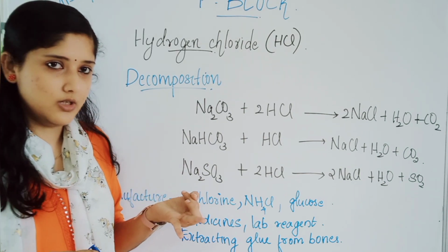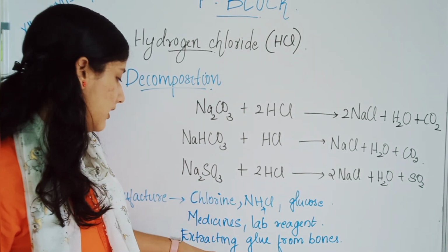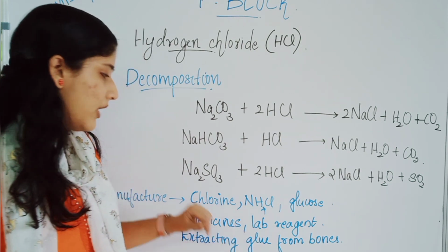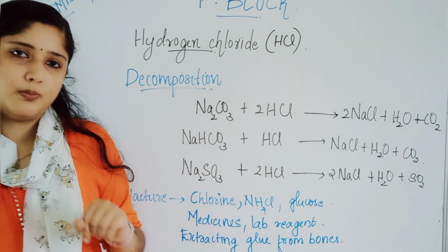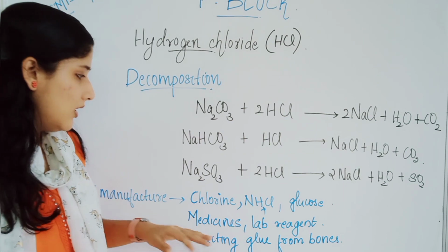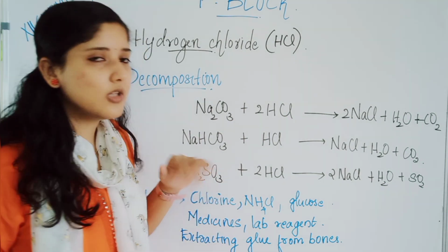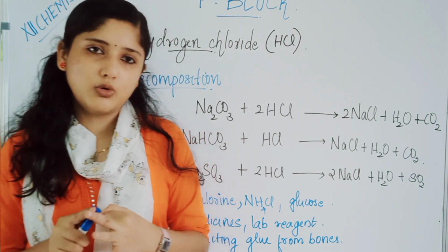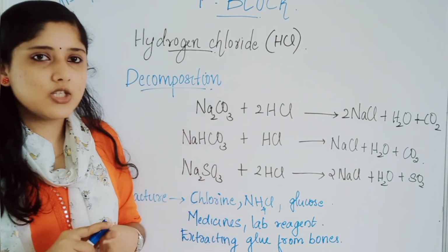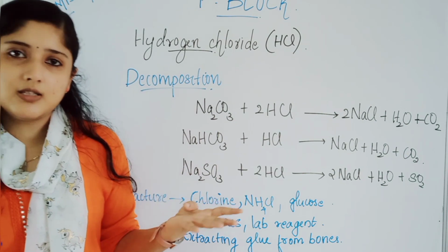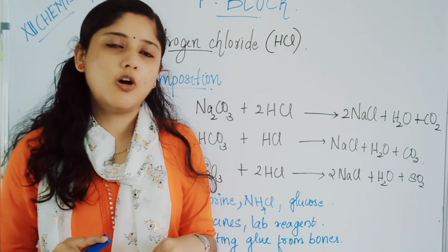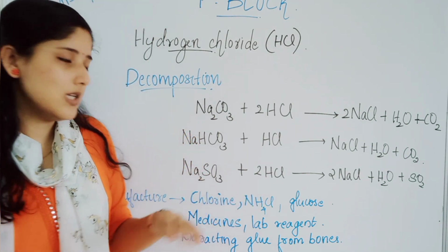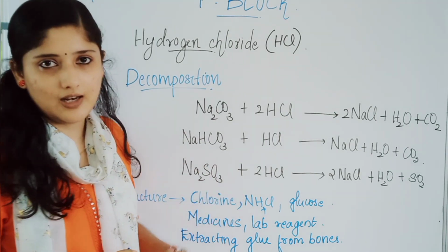And the last use of HCl is for extracting glue from bones. No need to study the method, only study what the uses are: manufacturing of chlorine, ammonium chloride and glucose, as a laboratory reagent, in the preparation of certain medicines, and for the extraction of glue from bones. These are the uses of HCl.